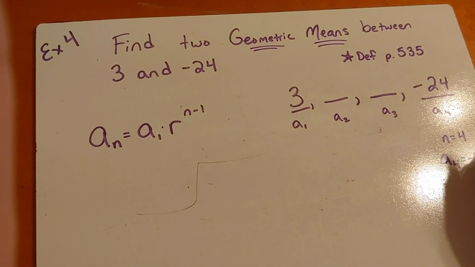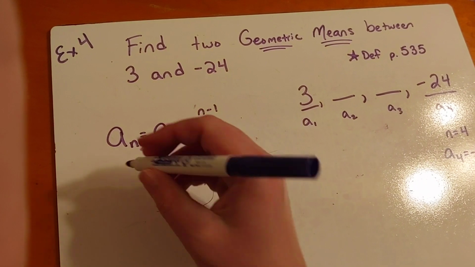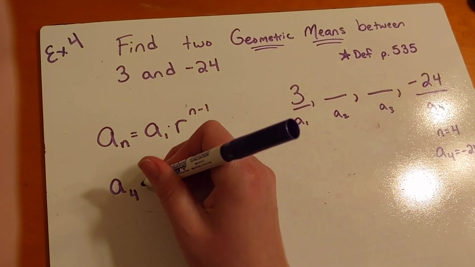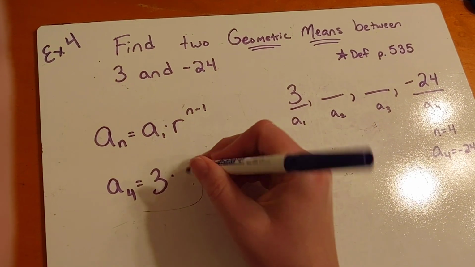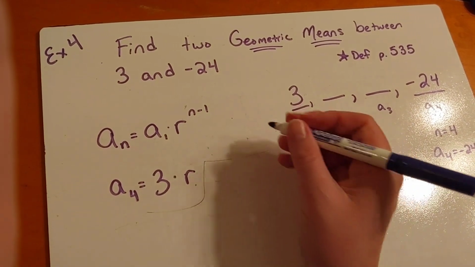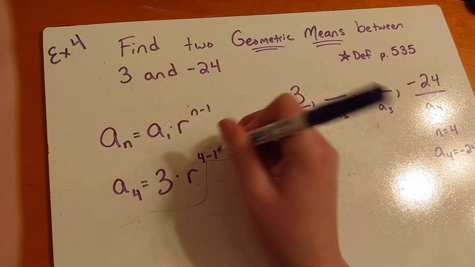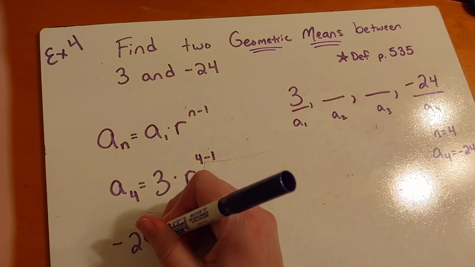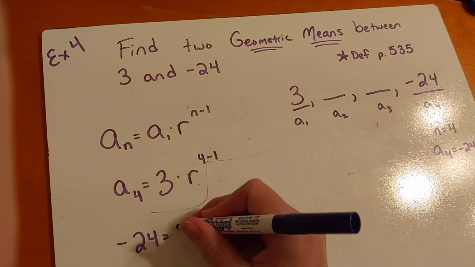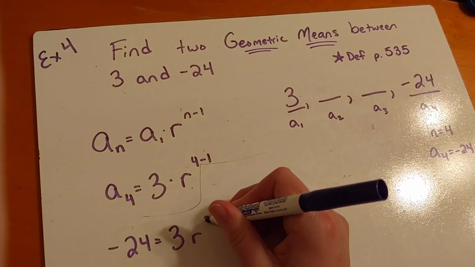And that way we can plug in 4s for all of our n's. So I'm going to say that a sub 4 equals a sub 1, which is 3, times r, which I'm looking for, to the 4 minus 1. Okay, so what was a sub 4? -24. So -24 equals 3 times r to the third power.